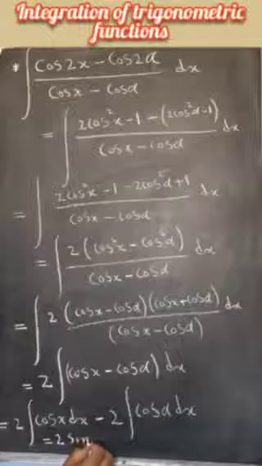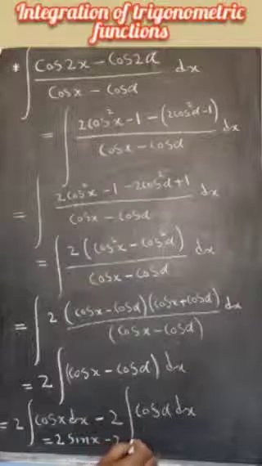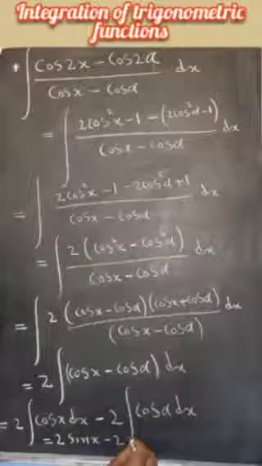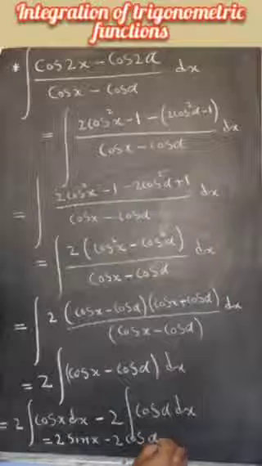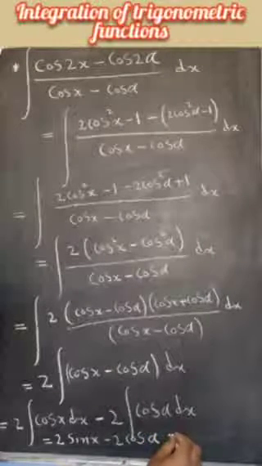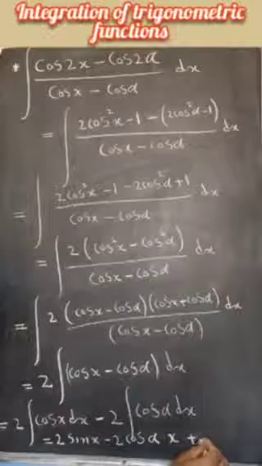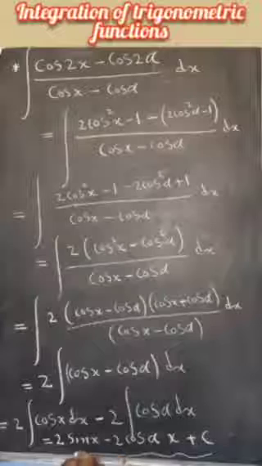So we write 2 times sine of x minus 2 times, this cosine of alpha is constant, so we write cosine of alpha. Then integration of dx is x, plus constant of integration c. That completes the question.